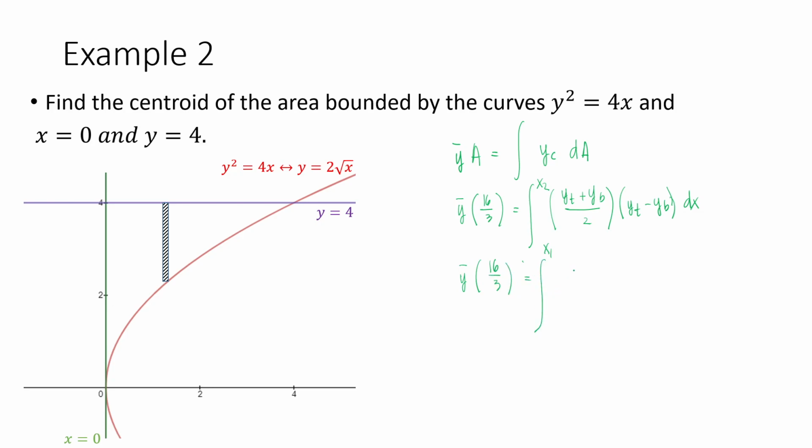Then integral of y top first, so (4 plus 2 square root of x) all over 2. Notice that I try to write as many parentheses as possible so I can locate it later. Then (4 minus 2 square root of x) and then dx, from 0 to 4. And then bar y would be equal to, I think it's 1.2. It's 1.2 units.